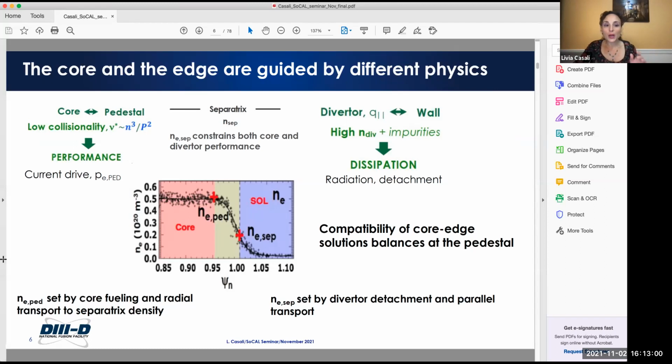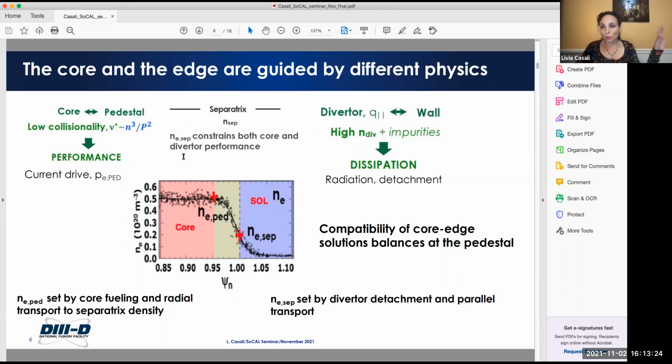So on one side, we have the core and the pedestal, which need low collisionality for current drive and the achievement of a pedestal pressure, so for performance. And on the other side, we have the divertor, where we need a high density and impurities for dissipation.